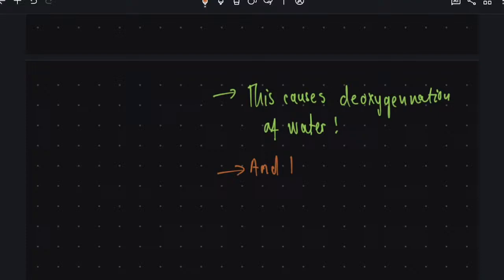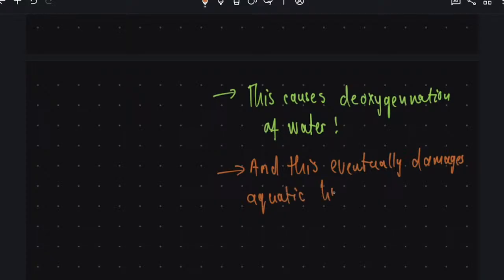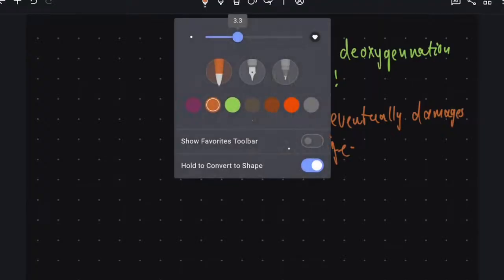And this eventually damages aquatic life. Okay? I want you to say it eventually damages aquatic life.